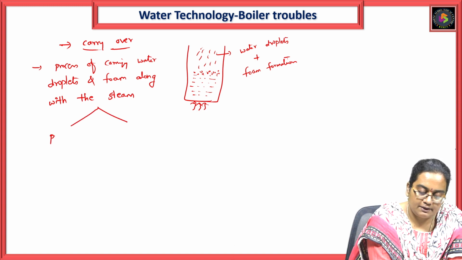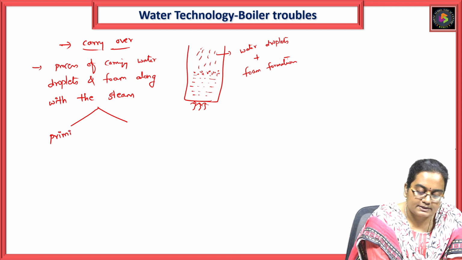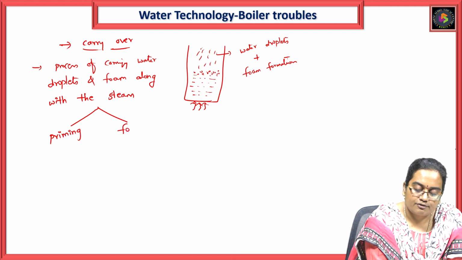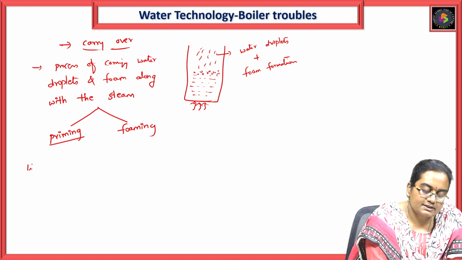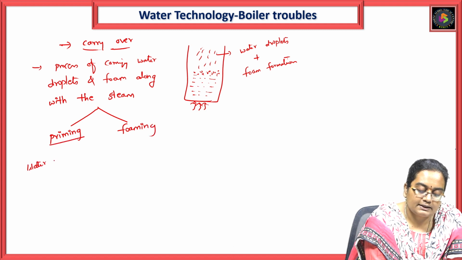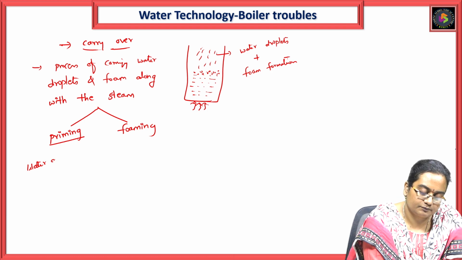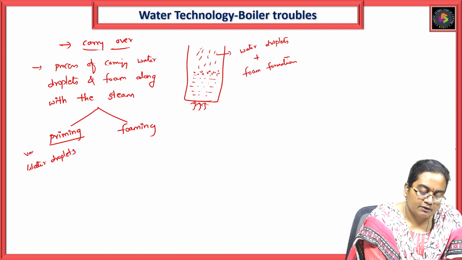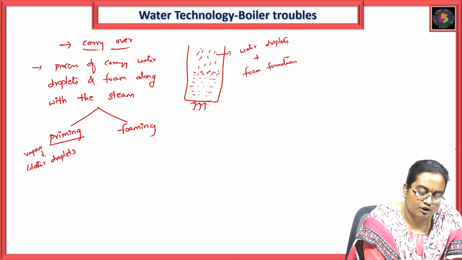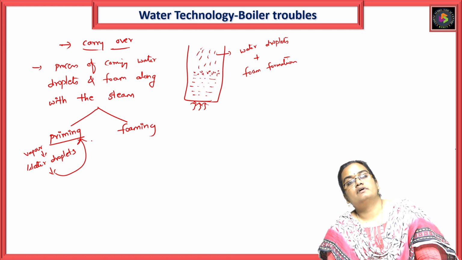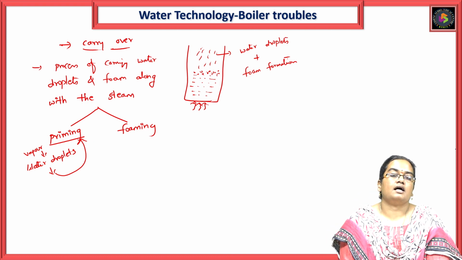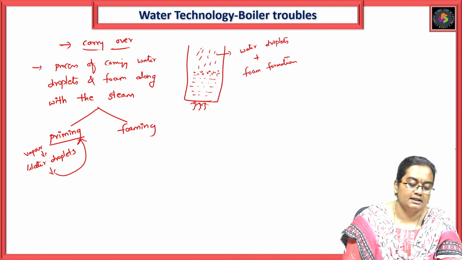One is priming, the other one is foaming. What do you mean by priming? If water is giving water vapor and this vapor is carrying only water droplets, then it is known as priming. The process of carrying out water droplets along with the steam is known as priming.